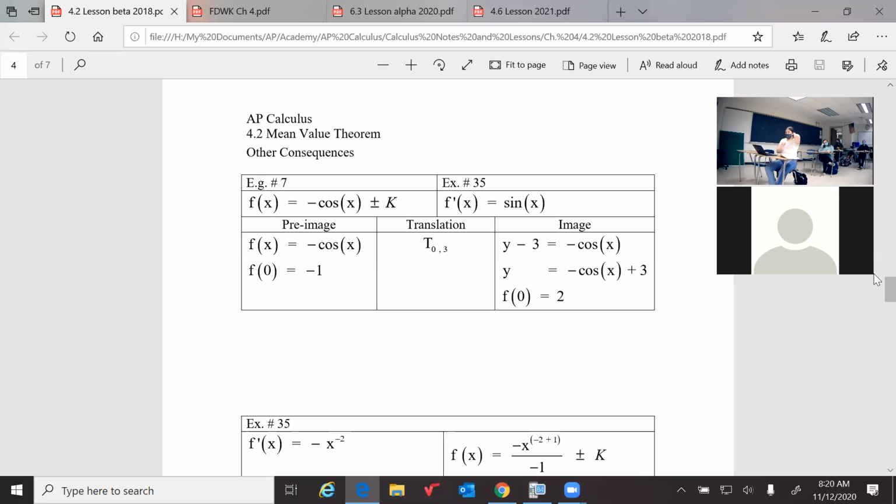So all these negative cosine graphs would be stacked in here, because they all have the same shape. They all have the same derivative, which would be sine x.